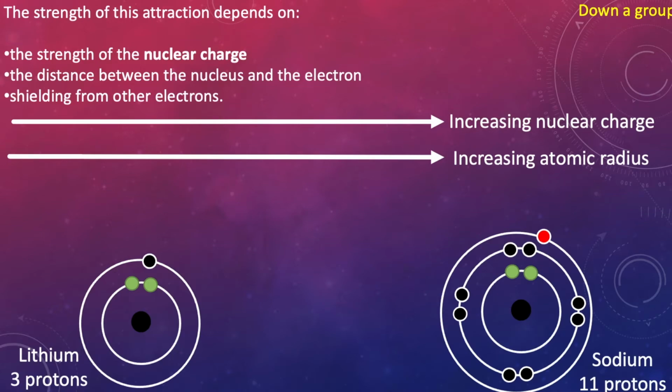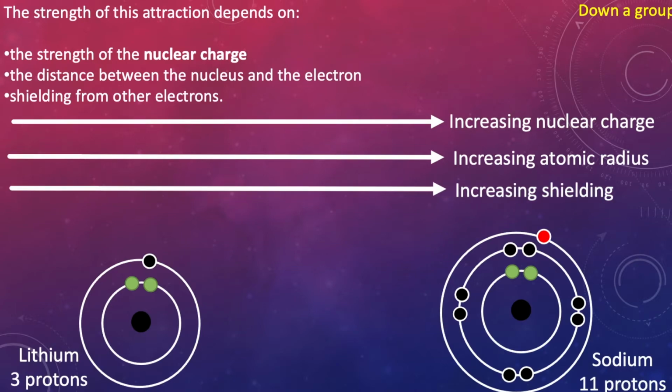However, we also have an increase in atomic radius and an increase in shielding electrons. Lithium's just got 2 shielding electrons, sodium's got 10. And of course, sodium's outer electron is in the 3rd shell, whereas lithium's is in the 2nd shell, and hence sodium's electron is further away from the positive attractive nucleus.